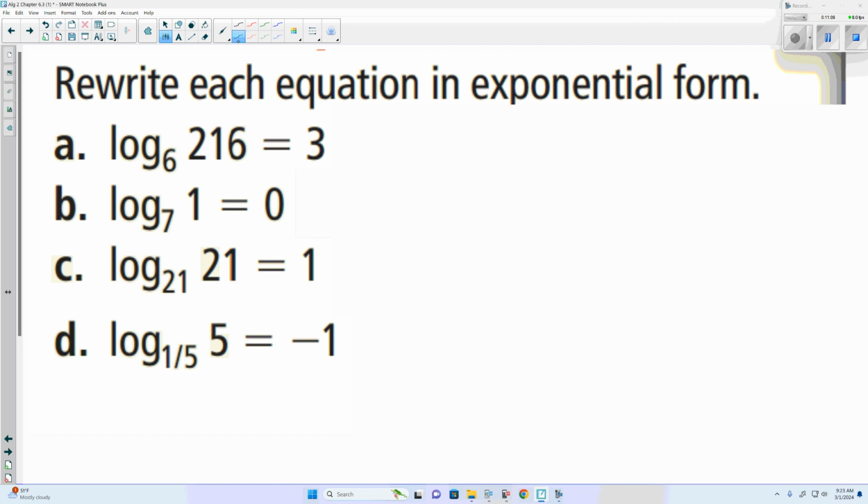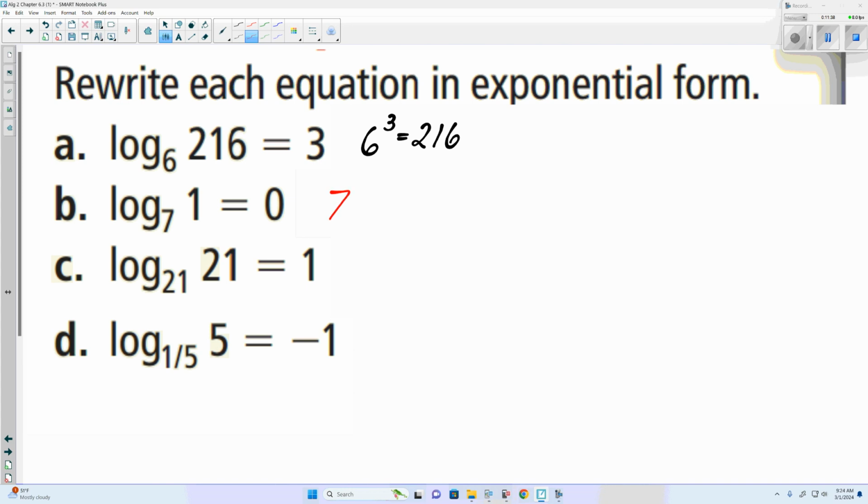Log base 6 of 216 equals 3. So our base to the third power: 6 to the third power equals 216. And we would agree with that, yes? Log base 7 of 1 equals 0.